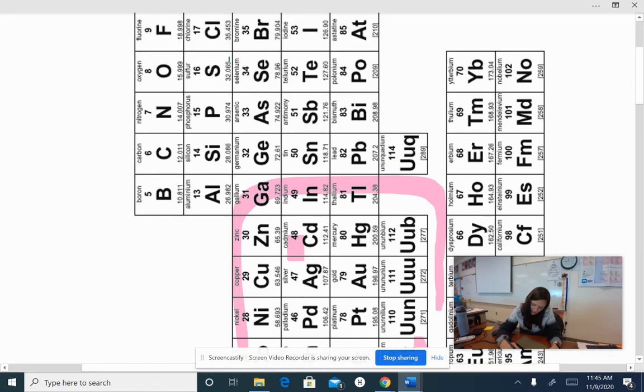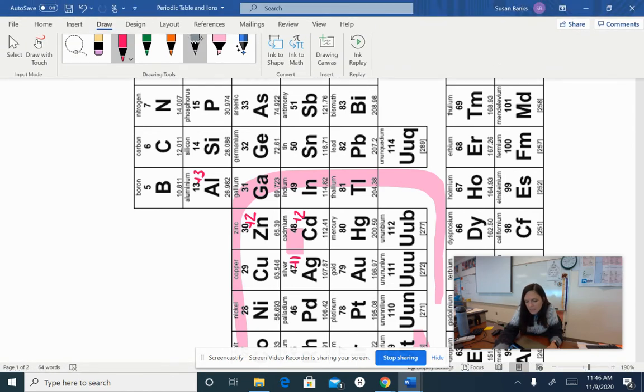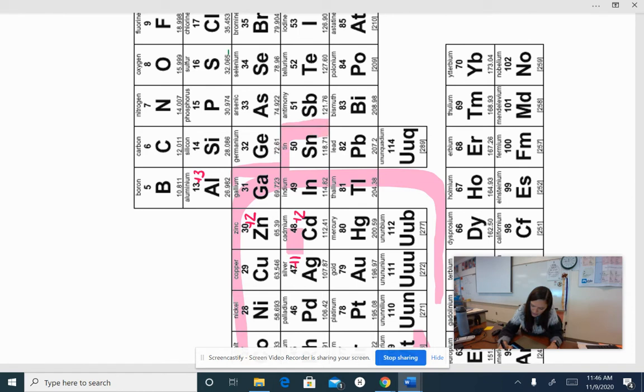Silver always has a +1 charge. That's why I didn't put a Roman numeral on silver. Cadmium always has a +2, and zinc always has a +2, and aluminum always has a +3. Everything else, metal-wise, is going to need a Roman numeral with it. So that would include tin and bismuth. So all of these are going to need Roman numerals when they make ionic compounds.